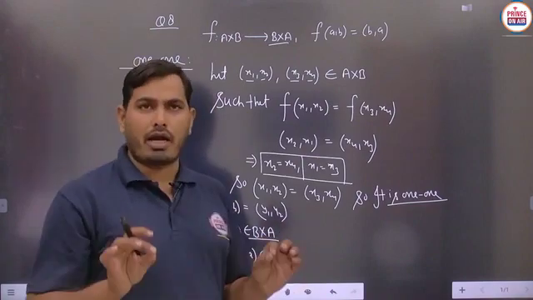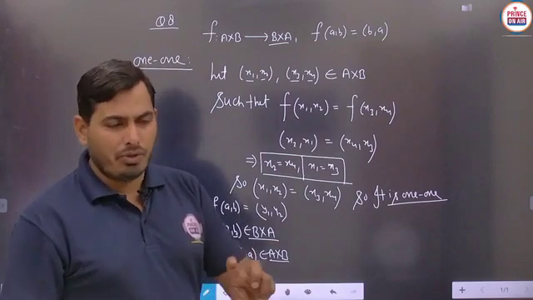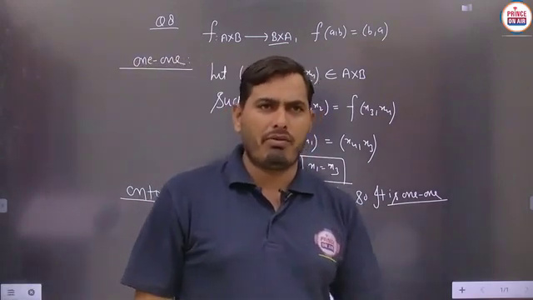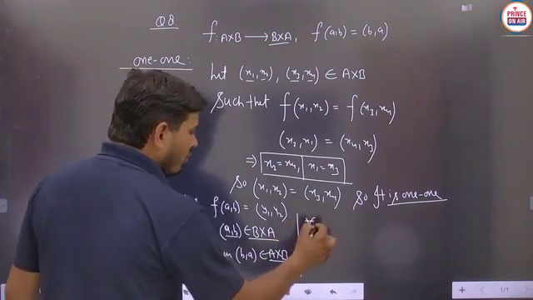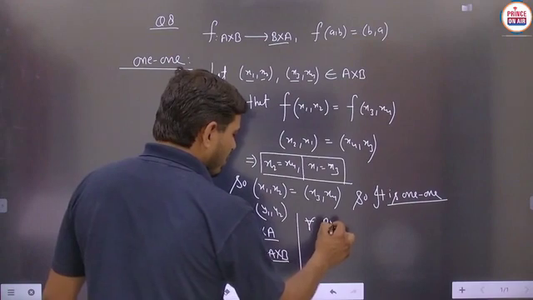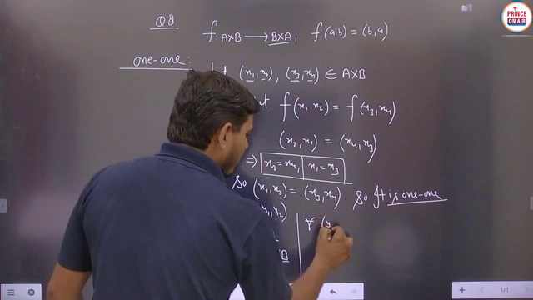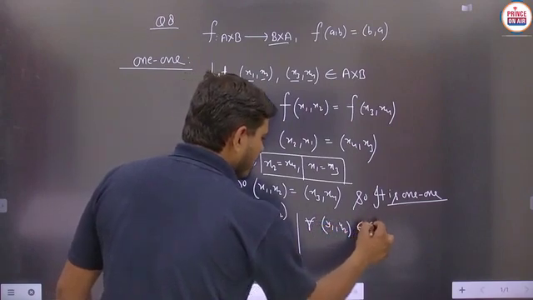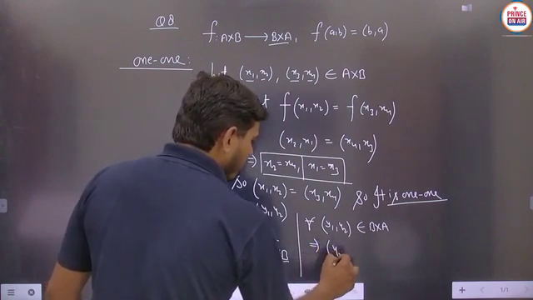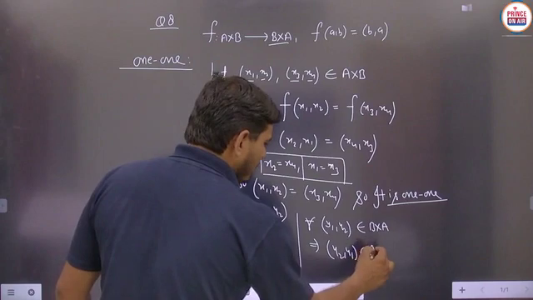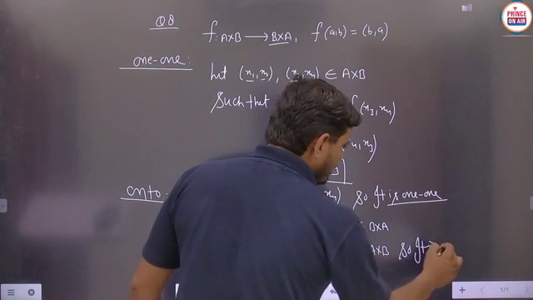You know very well about the Cartesian product: if any ordered pair in A cross B is written as AB, then B cross A is the reverse, BA. So for all y1 comma y2 belonging to B cross A, definitely y2 comma y1 belongs to A cross B. Is it clear? So it is onto.